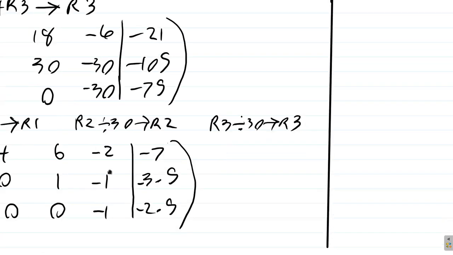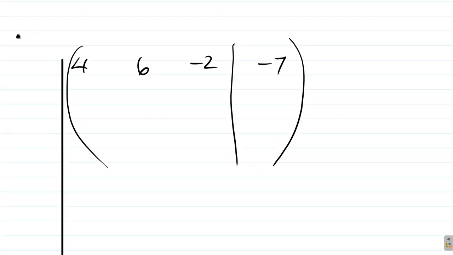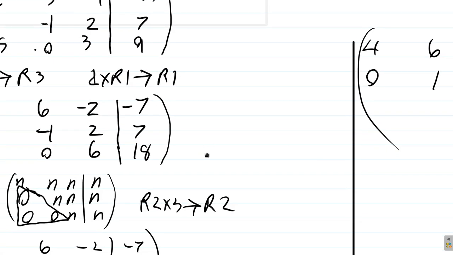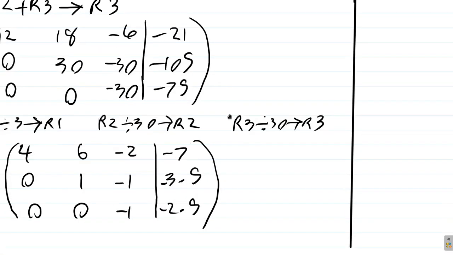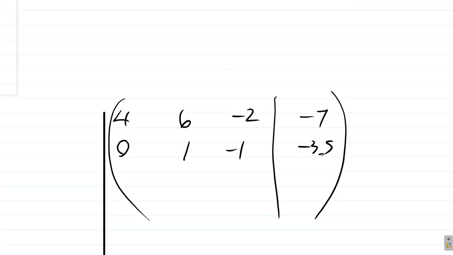Then we have 0, 1, negative 1, negative 3.5. And what does the other part say? 0, 0, negative 1, negative 2.5.